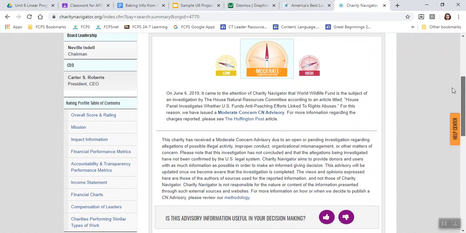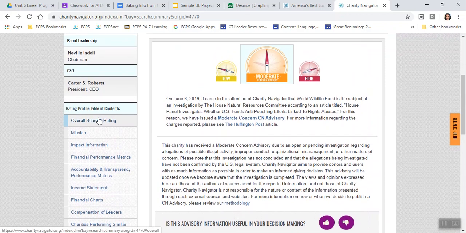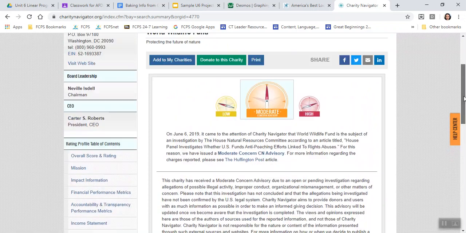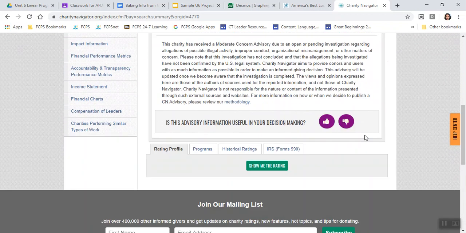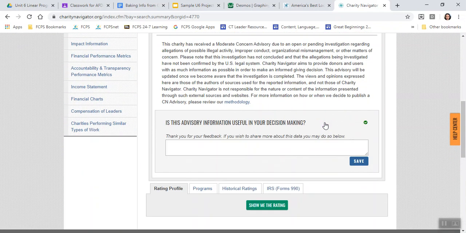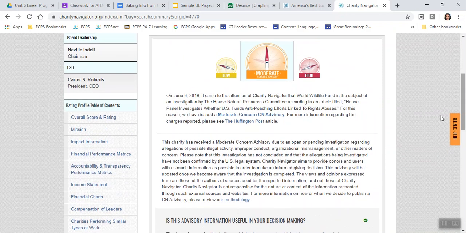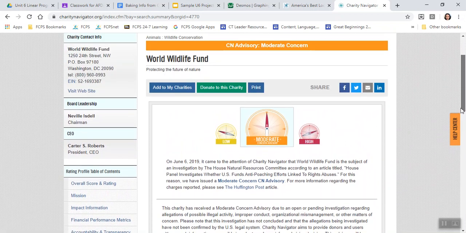Let's look at the overall score and rating. I think that's what I'm on right now. So, I'm not finding the overall score and rating. I might find it if I search directly for World Wildlife Fund.